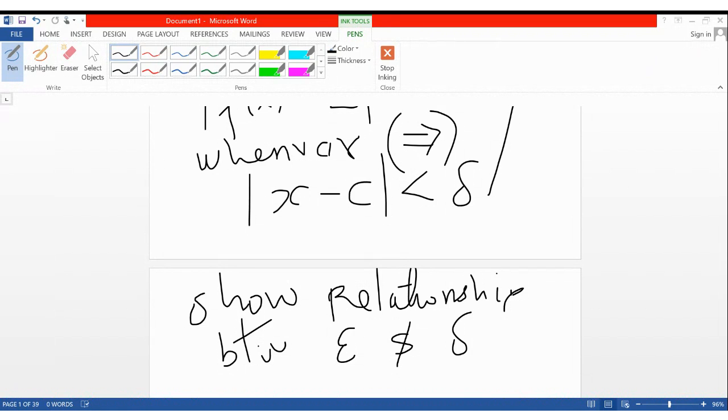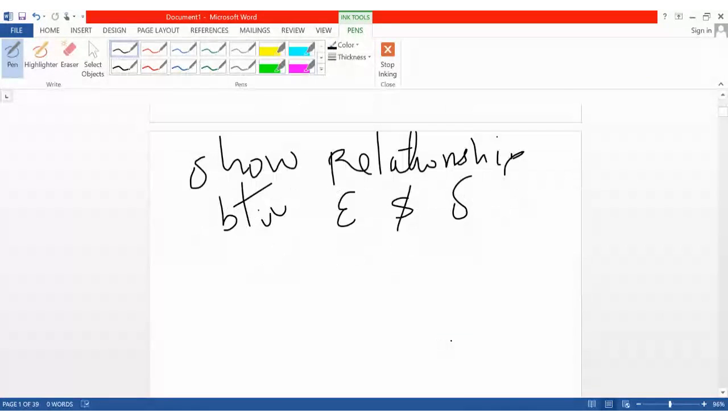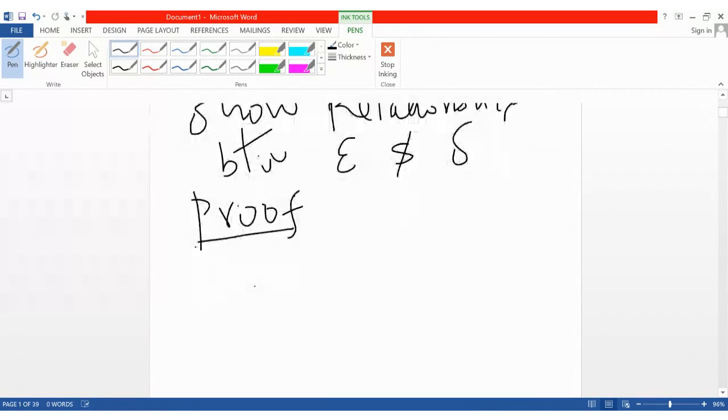So this is the example. Proof. When I say proof, I'm using the delta and epsilon. The limit as x approaches, let's say 2, of x plus 3.